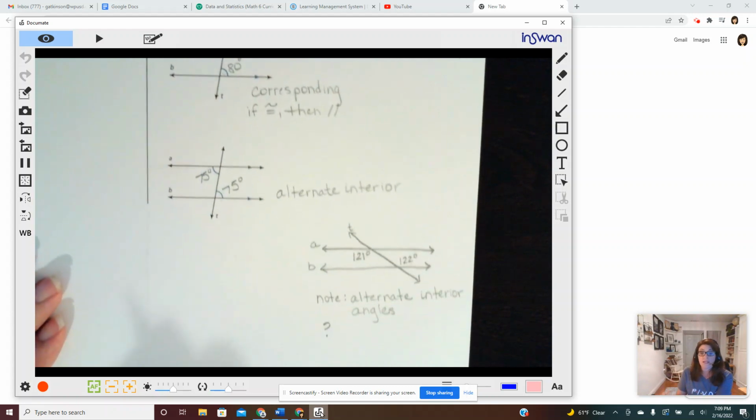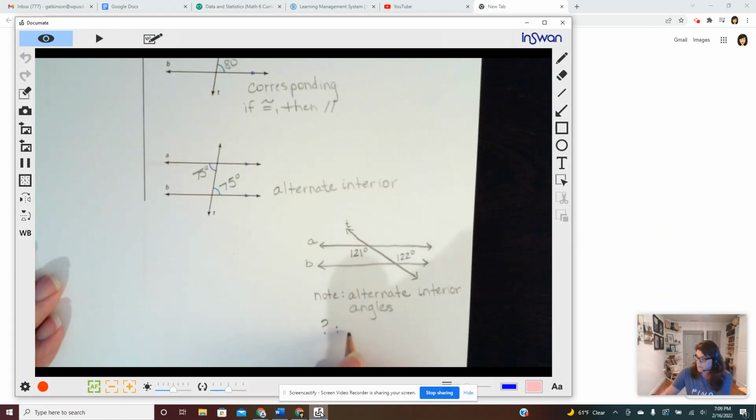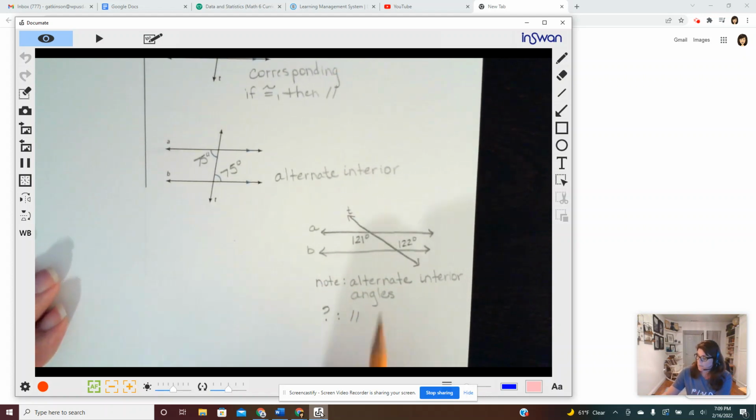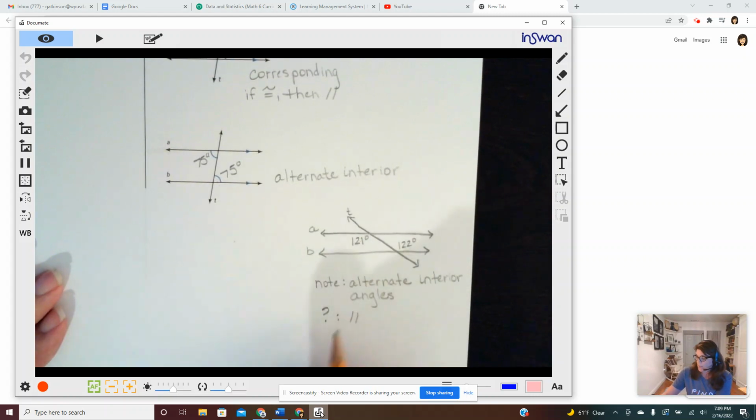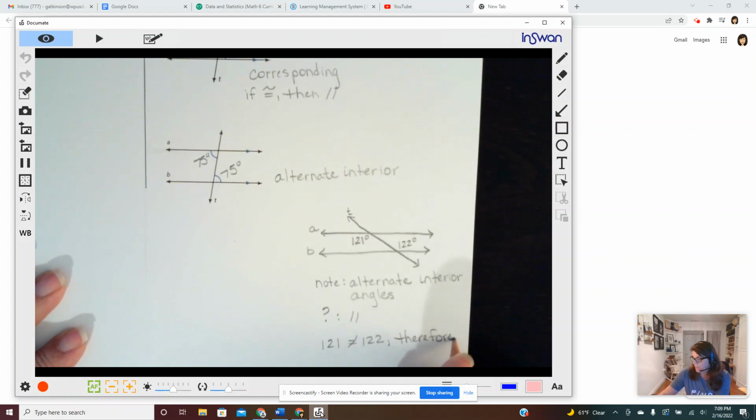Again, think of this almost like a hypothesis. Parallel? Well, do they have the same angle measurement? 121 does not equal 122. Therefore, not parallel.